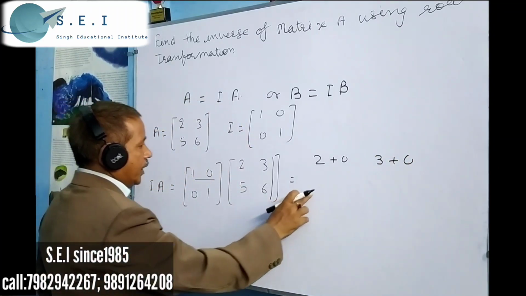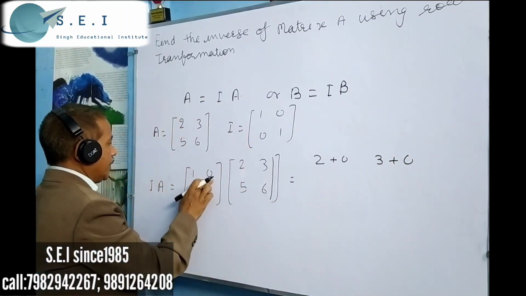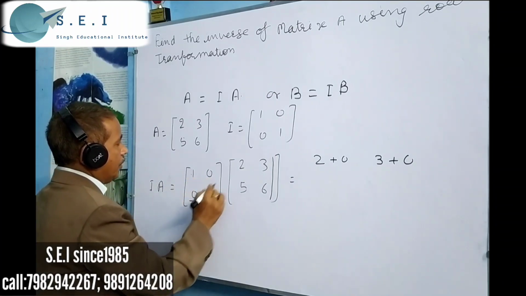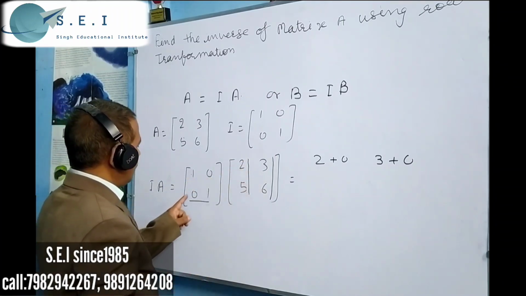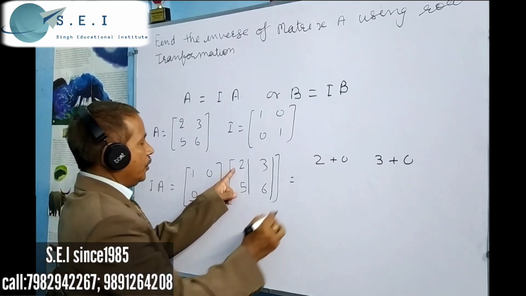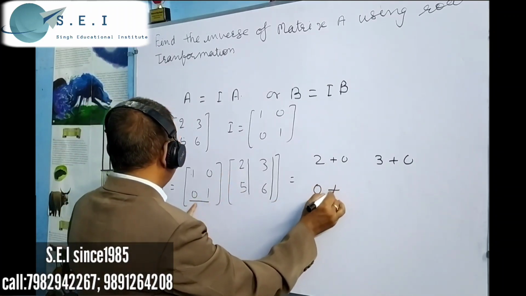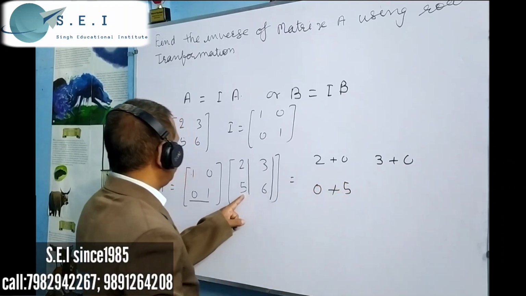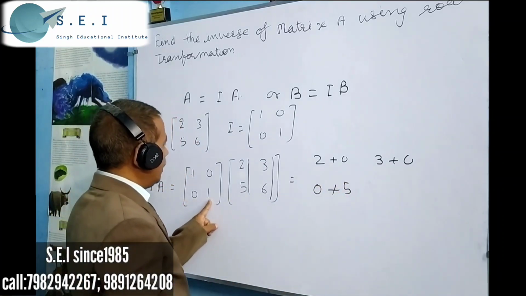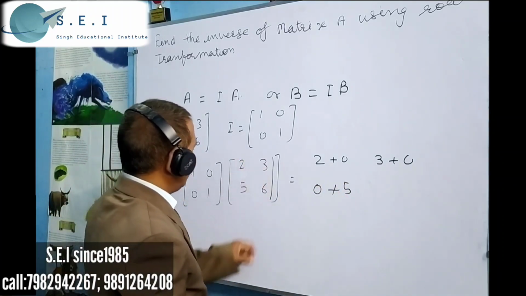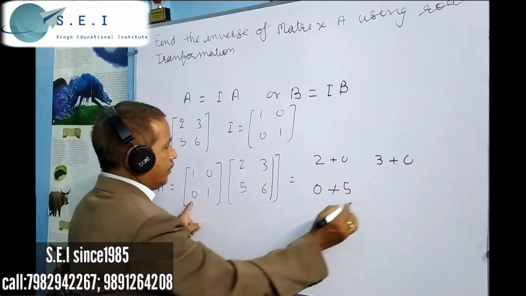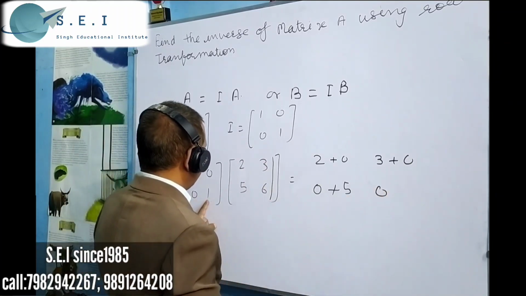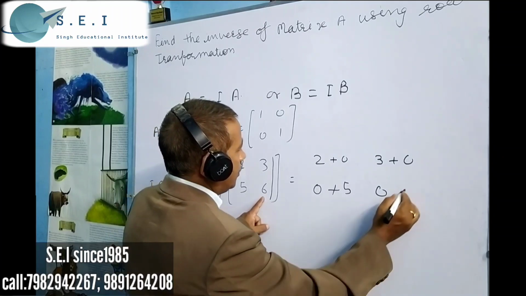To get the second row of the multiplication, we consider the second row with the first column. 0 multiplied by 2 is 0 plus 1 multiplied by 5 gives 5. Now the second row and second column, 0 multiplied by 3 is 0 and 1 multiplied by 6 is 6.